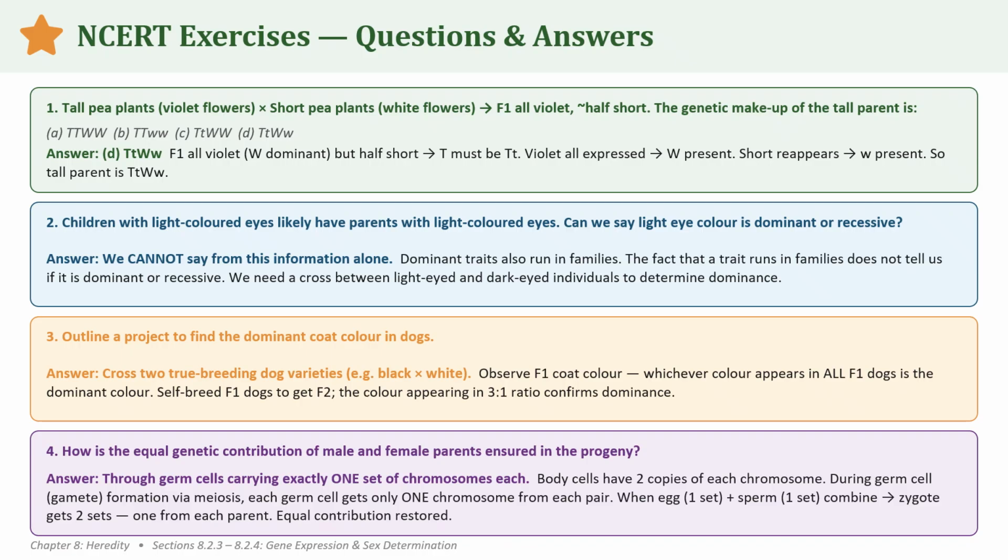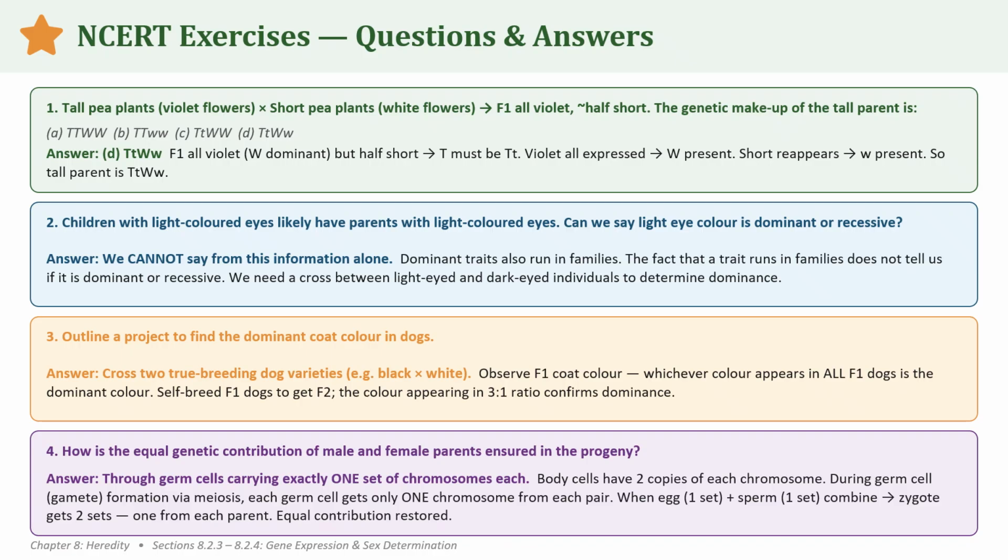Yes, children, and the T must be capital T, small t. So violet is expressed, so capital W is present. Short reappears, so it will be like a hybrid, right? So small w is present. So the tall plant is capital T, small t, capital W, small w.